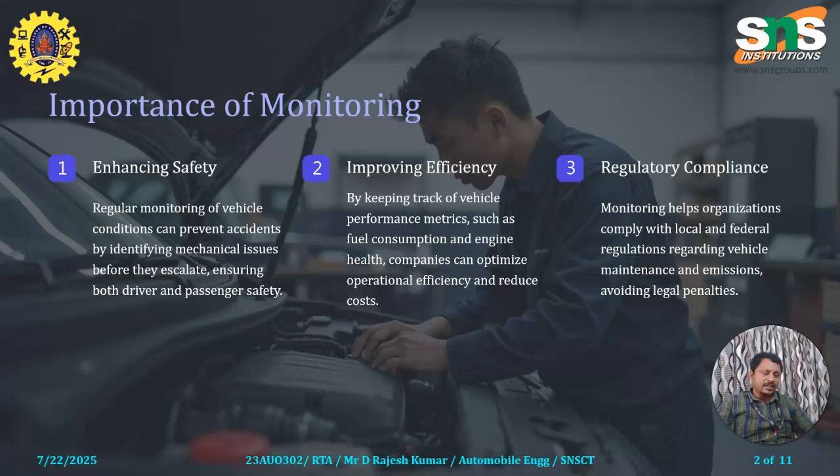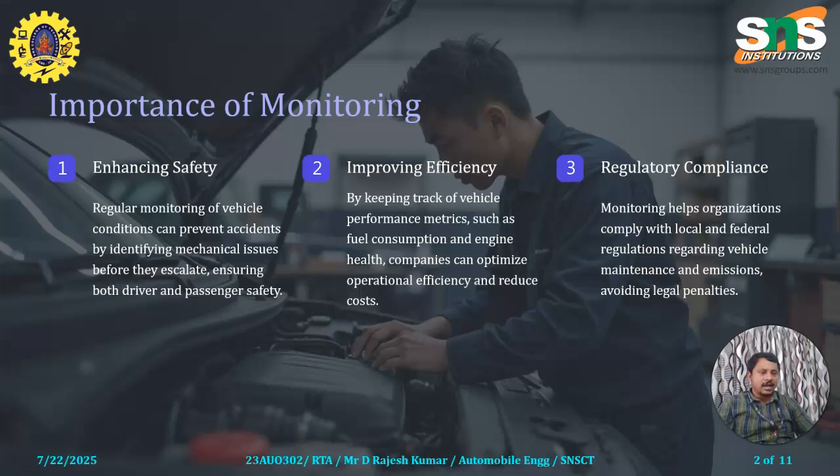There are many accidents because the air pressure in the tire is not maintained properly. The tire may burst and there may be fatalities. So the tire pressure is very important. Likewise, there are many things. For example, the dashboard may contain the odometer, which indicates the number of kilometers run by the vehicle.